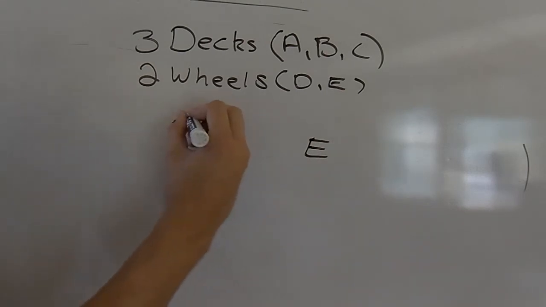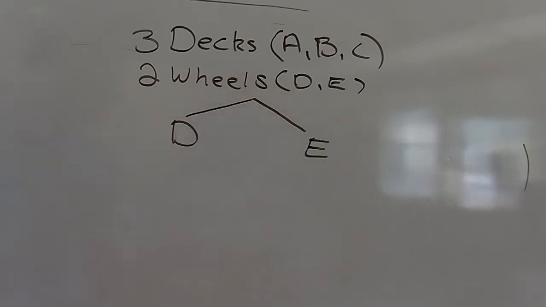And sometimes people like to put a little connector here just to start the tree. So here's the start of my tree. I have 2 choices. I can choose D or E for my wheels. So choice 1, wheels.